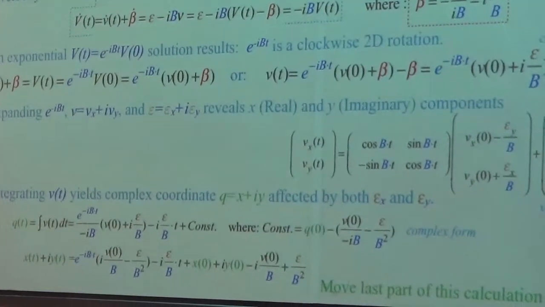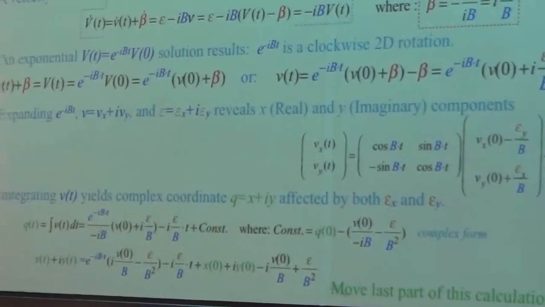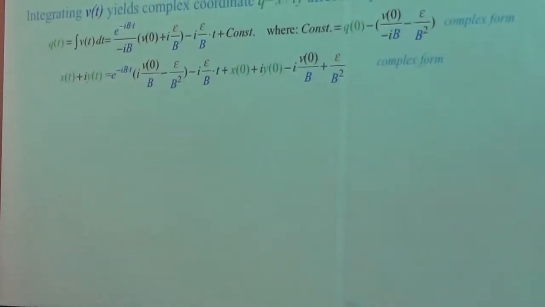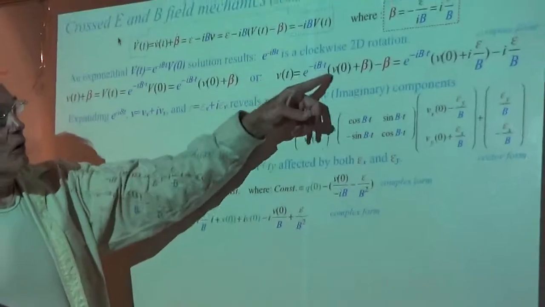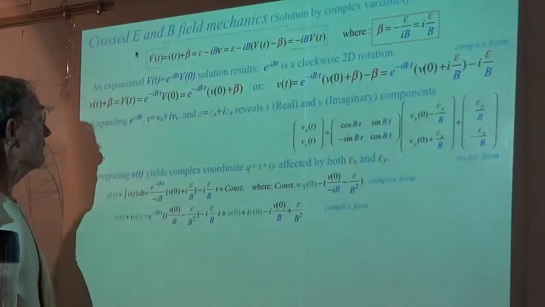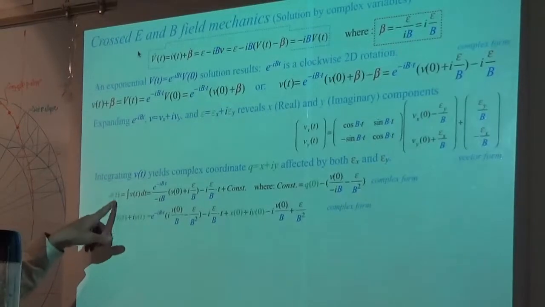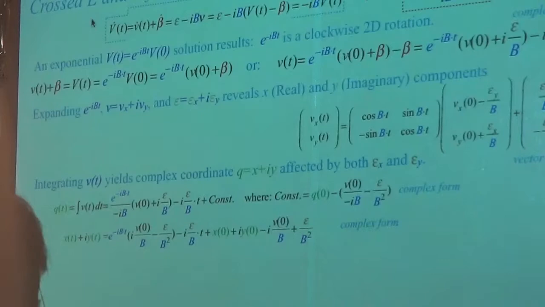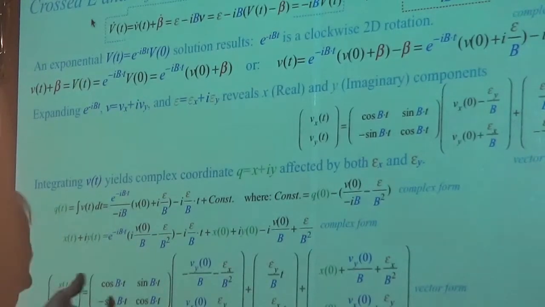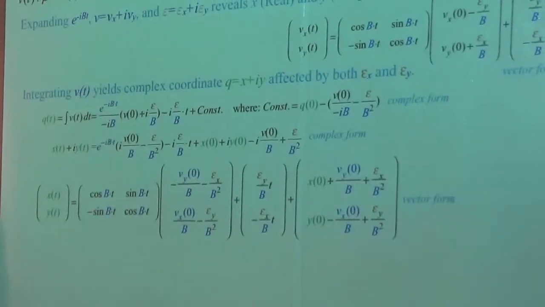So I'm going to move all of this stuff up to the top of the screen now to make some room for turning the complex form into a vector form. So there's that same complex form for the velocity, and then there's the vector form for it. Now we're going for the integral of that velocity. Here's the complex form right there, and the numerical vector form, everything real in this expression.